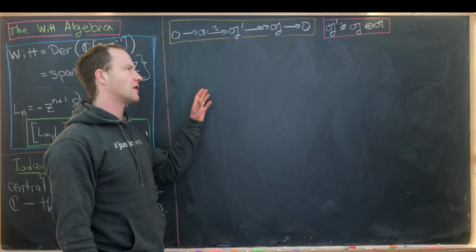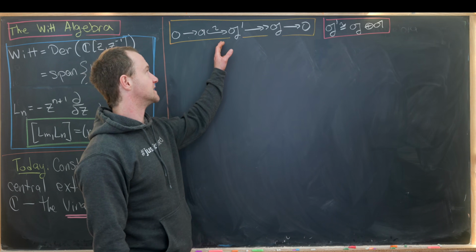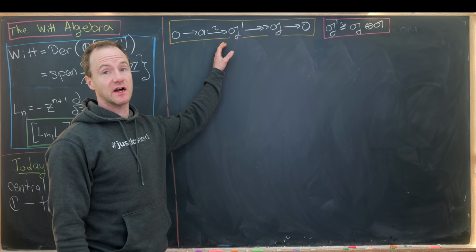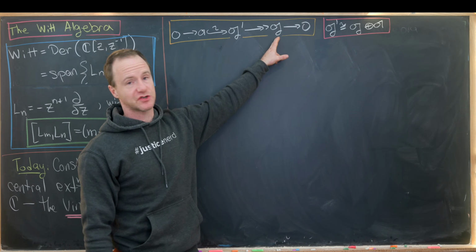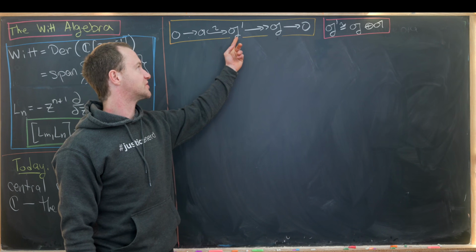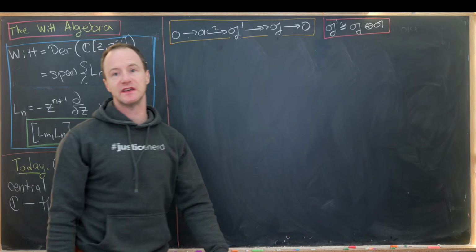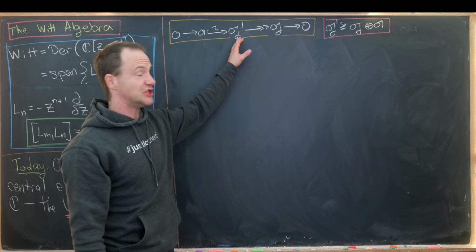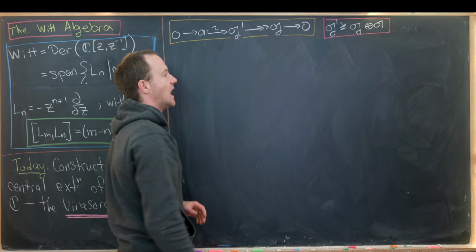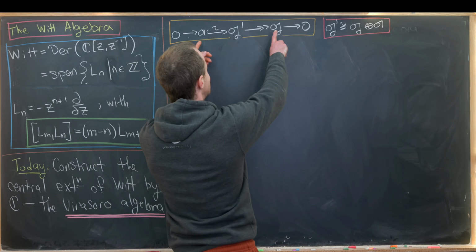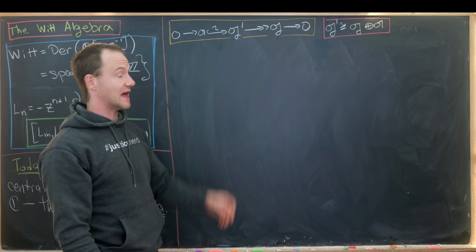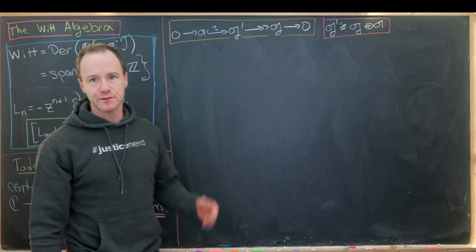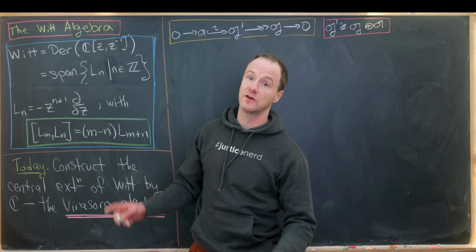Okay, so let's reiterate what we had on the last board. We had this short exact sequence of Lie algebras: an abelian Lie algebra here, our starting Lie algebra here, and the one that we're constructing by fusing these two things together. And this G prime may not be unique. A priori, there may be many, many different ways of appropriately fusing G and A together. As we'll see down here in the case of Virasoro, there's only one way.